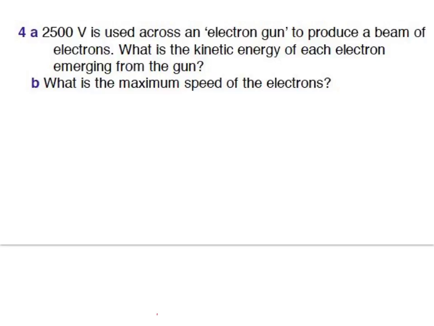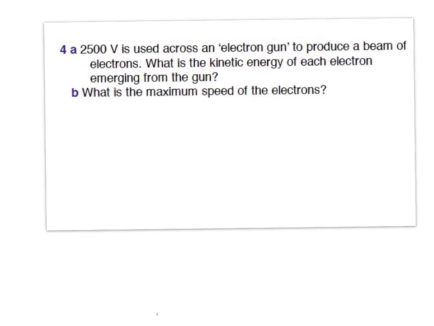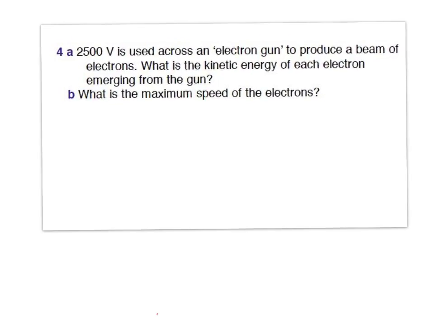So let's try some questions in this context. You have a 2,500 volt electron gun to produce a beam of electrons. What is the kinetic energy of each electron emerging from the gun? Well, straightforward. You have 2,500 volts, and the charge is 1.6 times 10 to the minus 19, because we're talking about electrons.